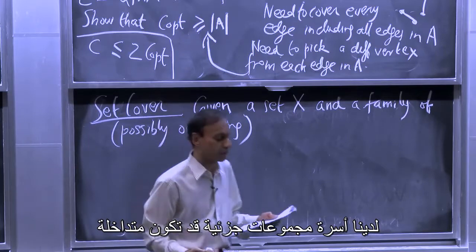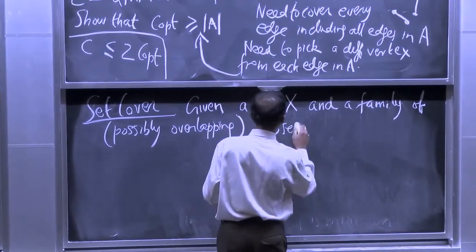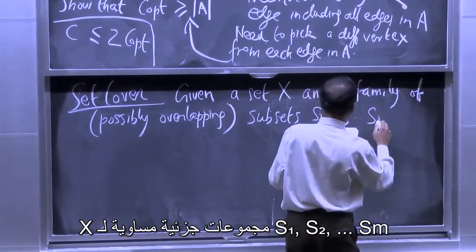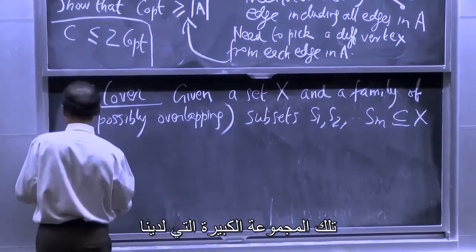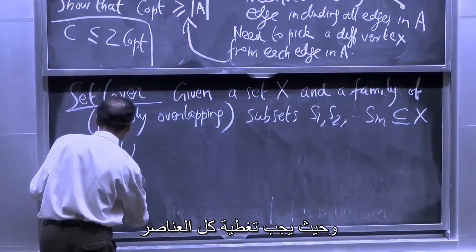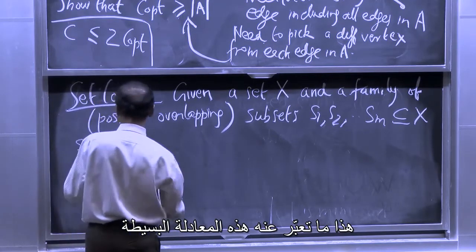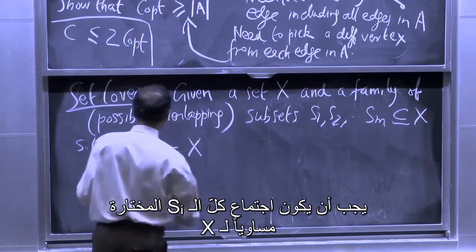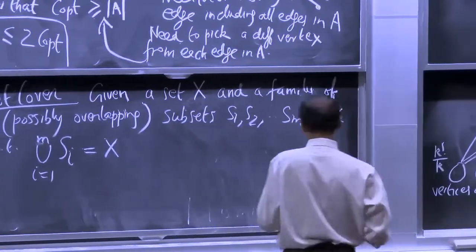So you do have a family of possibly overlapping subsets, S1, S2, Sm, subset of equal to X. So that's that big set that we have, such that I want to cover all of the elements. So that's what this little equation corresponds to. The union of all the selected SIs should equal X. Right, I need to cover it all.